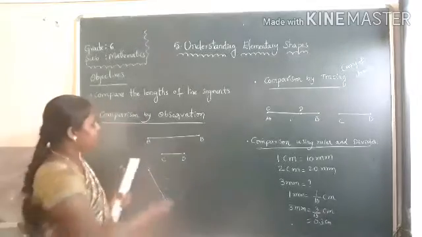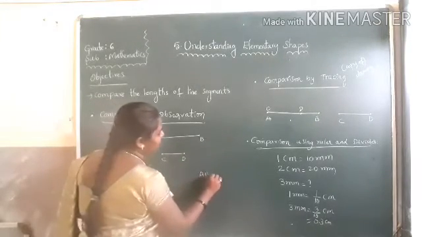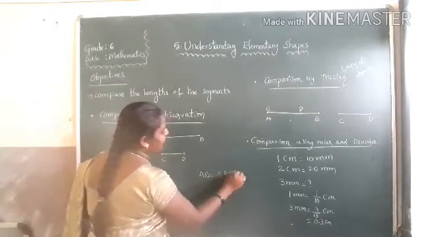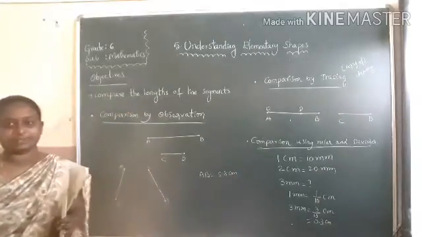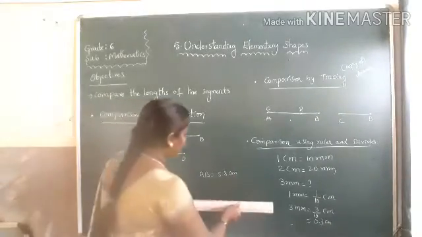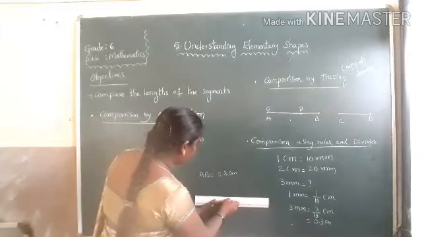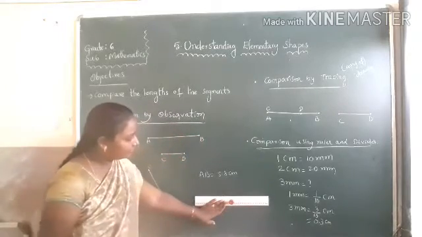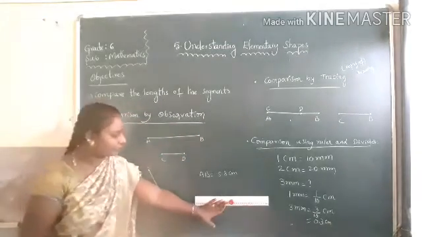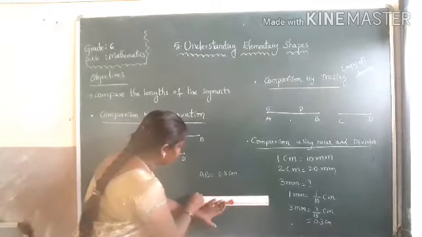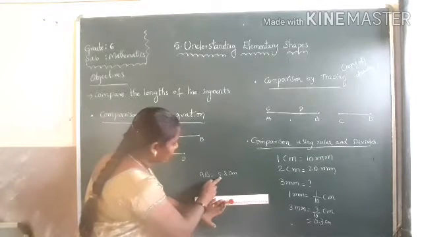Okay, so can we draw a line segment of 5.8 centimeters by using a ruler? Let me draw that one. Look here, first of all, if you want to draw any line segment, you have to mark at 0.